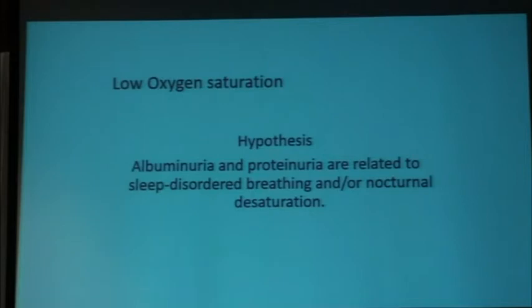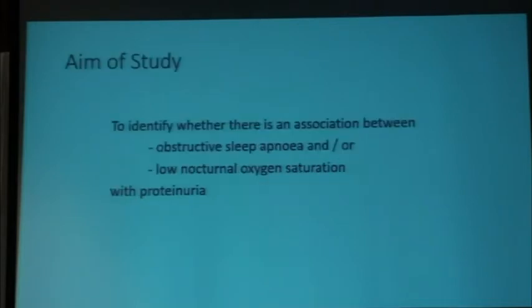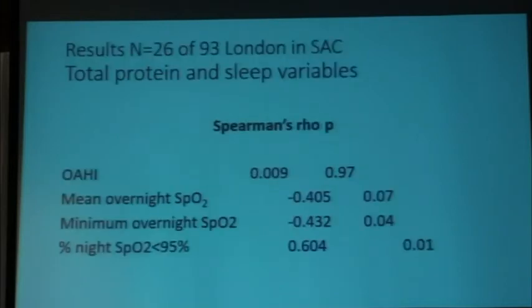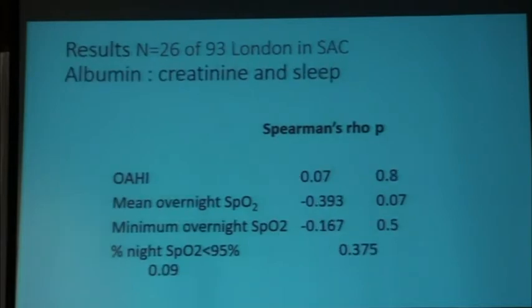Obviously we were able to demonstrate albuminuria as a risk factor, and this was a question to identify whether there is an association between obstructive sleep apnea and or low nocturnal oxygen saturation with proteinuria. The only two things that we found to be significant were the percentage of nighttime saturation below 95%, and the minimum overnight saturation. The other sleep markers were not particularly related to the risk of albuminuria.